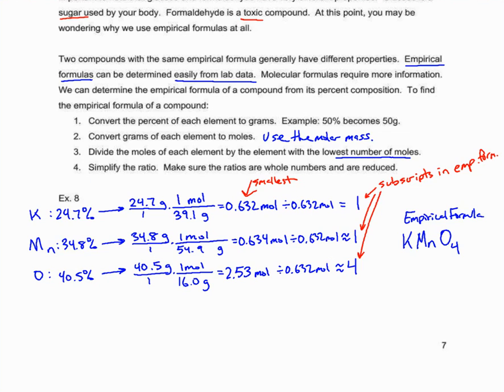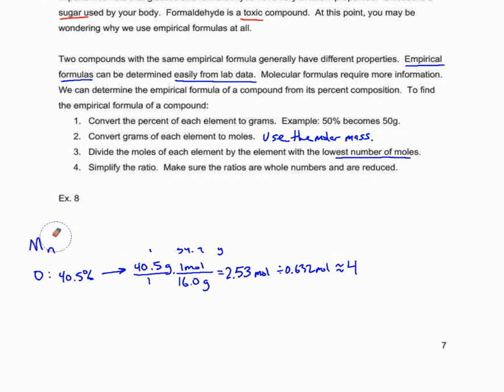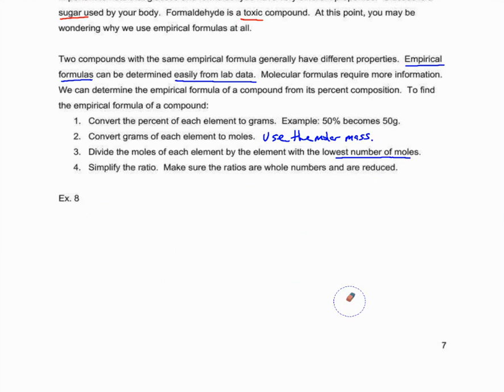All right, we have some room for a little more, or we should. I'm going to do one more. And this is something that we'll work with together in class just to make sure that we all understand. So here we have a compound that is sodium 43.4%.